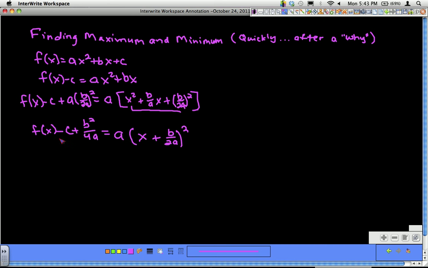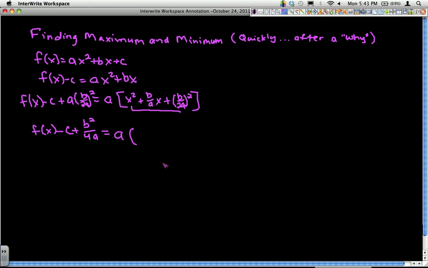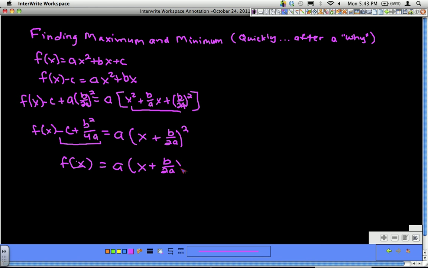And now this entire part right here is actually going to be our constant, so we can bring that over. So we're going to get f of x equals a times x plus b over 2a, all squared. And then when we brought these over, it turned into plus c minus b squared over 4a.